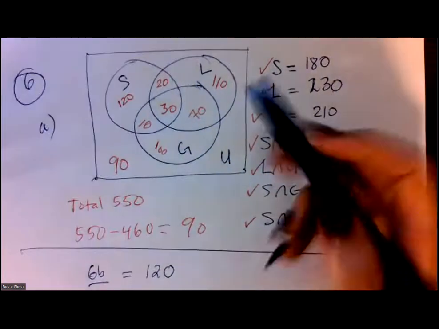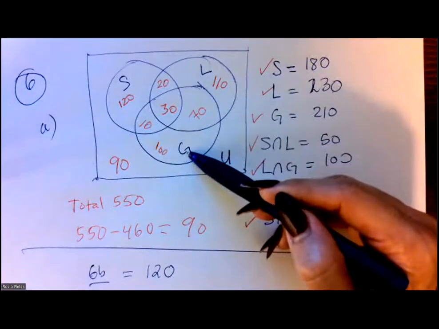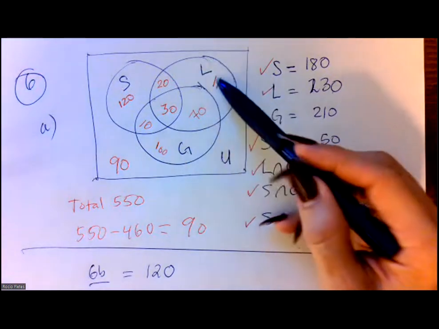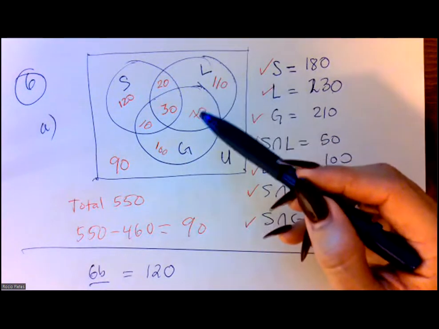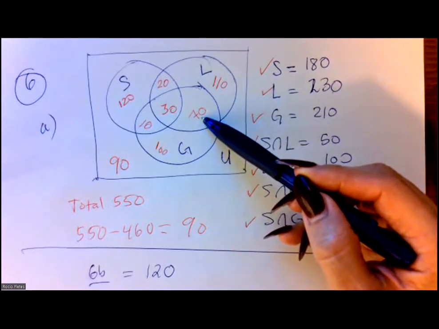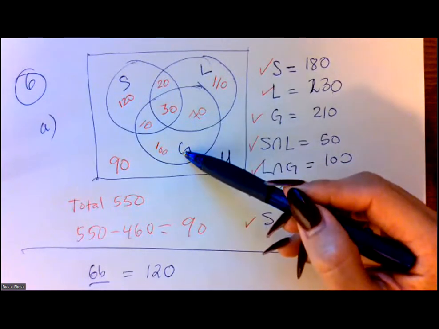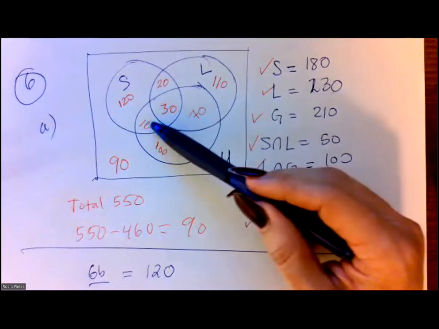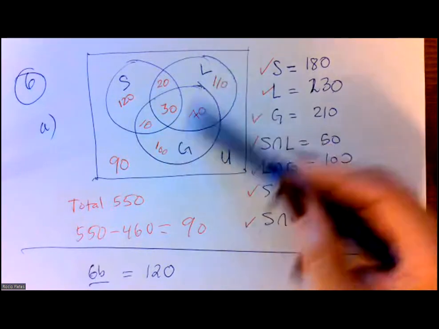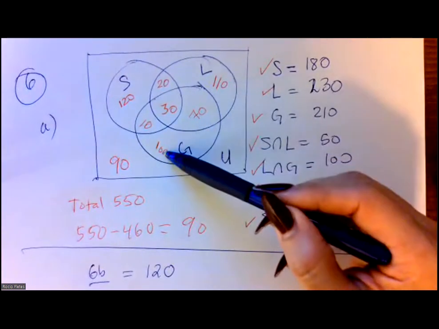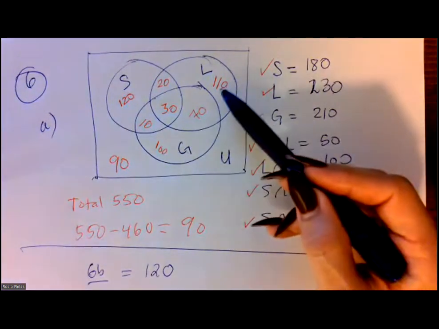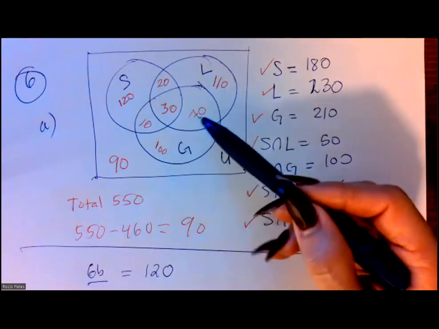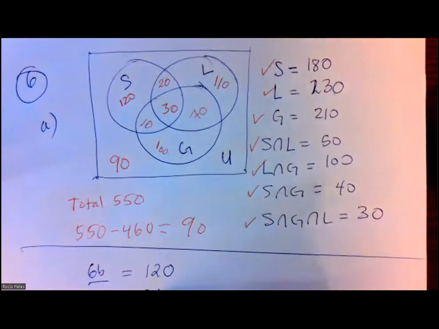So we have to include 110, 70, that's all loans and grants, 110, right? But no, not 10 because that's a scholarship. So it's just gonna be the 110, the 70, and the 100. So 110 and 100, that's 210, and 70, that's 280, right?